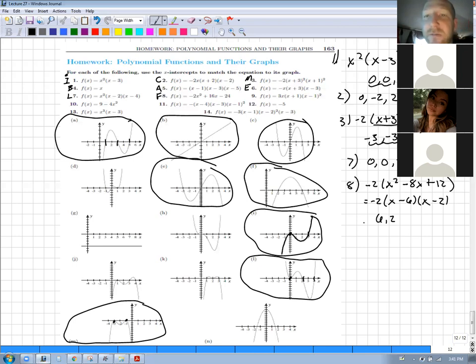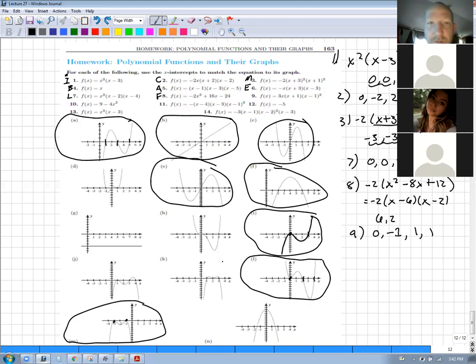Number 9 is already factored. 3x, that gives us a root at 0. And we have -1 and then a +1 twice because that thing's squared there. So this thing is going to cross at -1, cross at 0, and touch at 1.